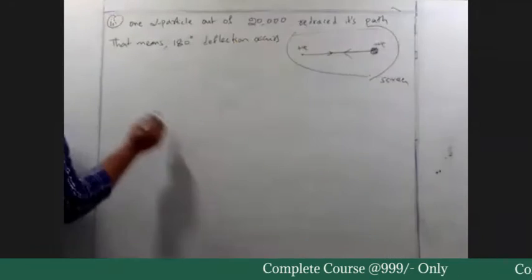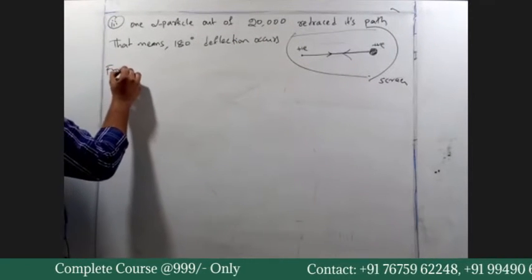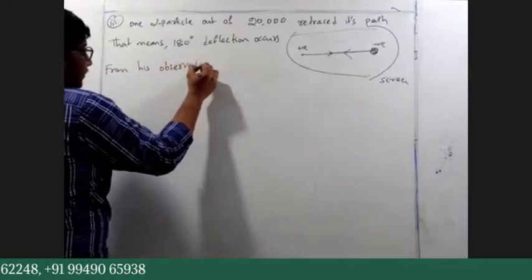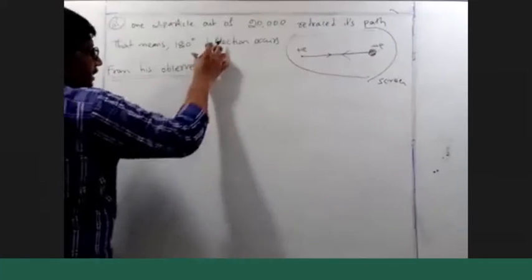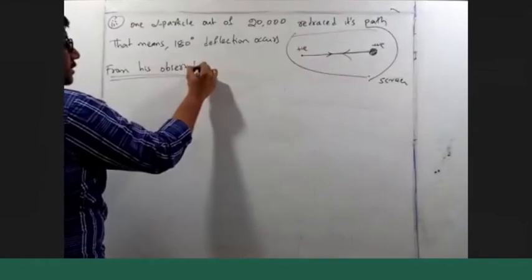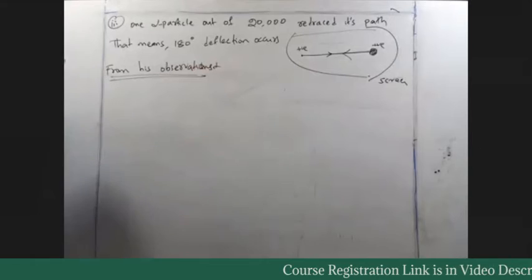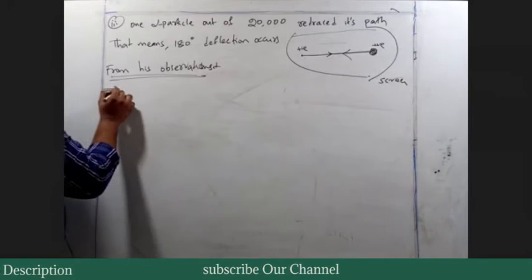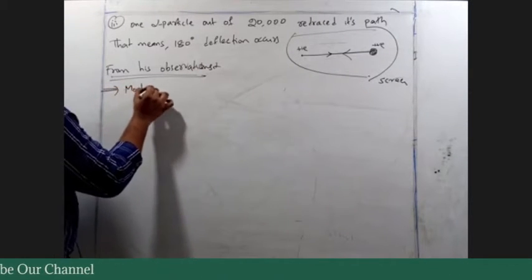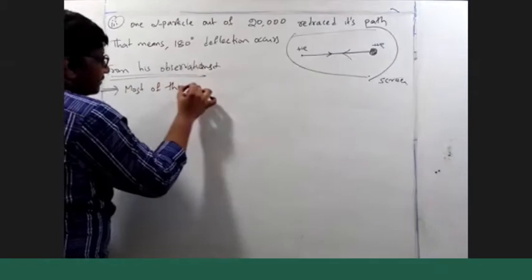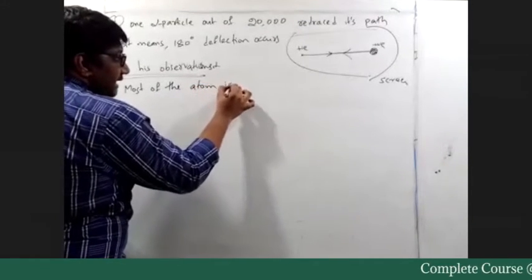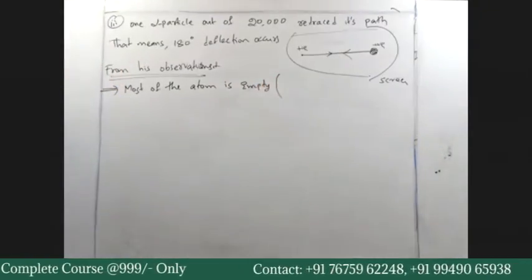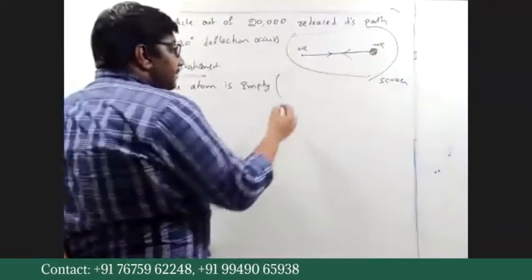So from all these observations, two things are very clear. What are those? Most of the atom is empty. Approximately 99.9% is empty.